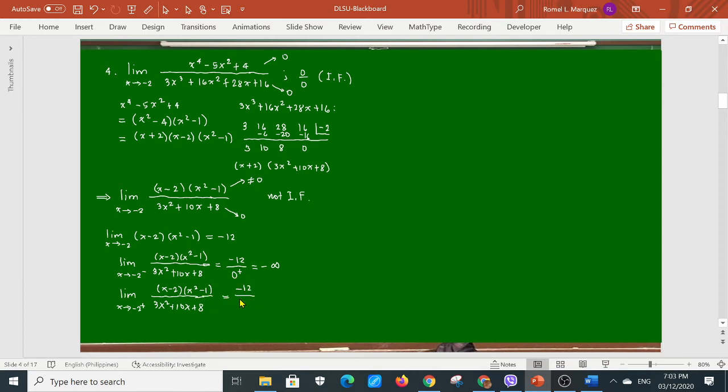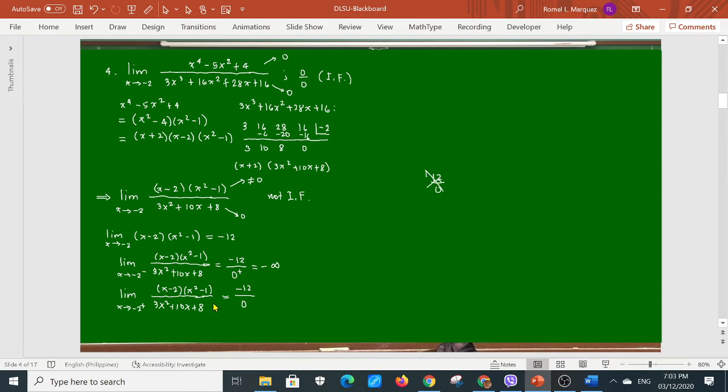But let's see. So we know that it is going to be 0. But is it from the left or from the right? So let's see. But if you have, let's say, 12 over 0, you don't write that in a limit. Be sure there is plus or minus to denote that it is approaching, not really 0. Okay?